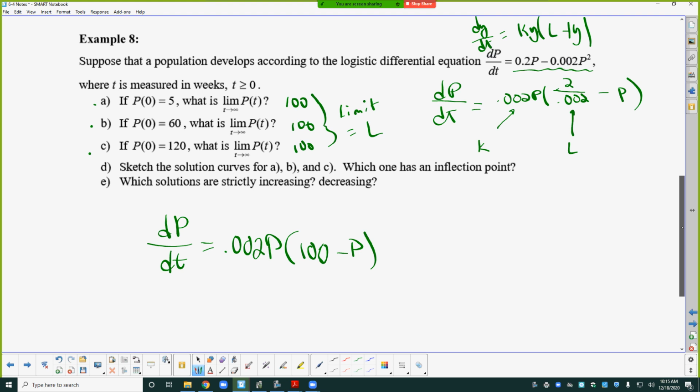So now I'm going to go ahead and write my P of T equation. Question D asks me to sketch the solution curves.